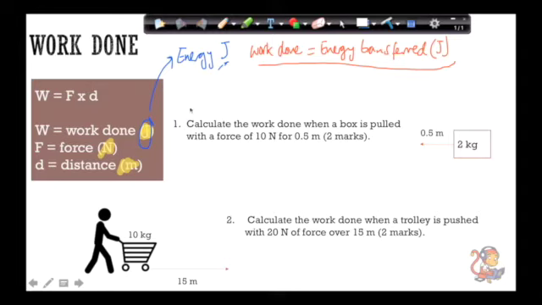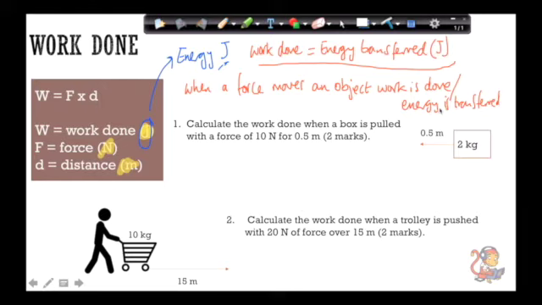And essentially, all work done describes the fact that when a force moves an object, work is done, or energy is transferred.